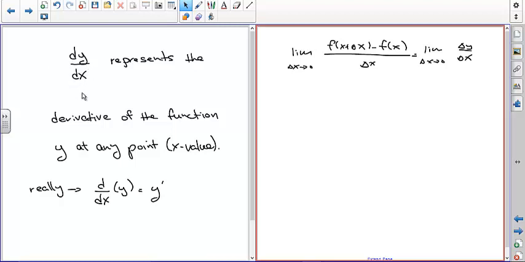So we can write that dy dx is exactly equal to the derivative of the function with respect to x. That's just saying that these are equivalent to each other. There are just different ways of writing the same thing. It's finding the slope of the tangent line.